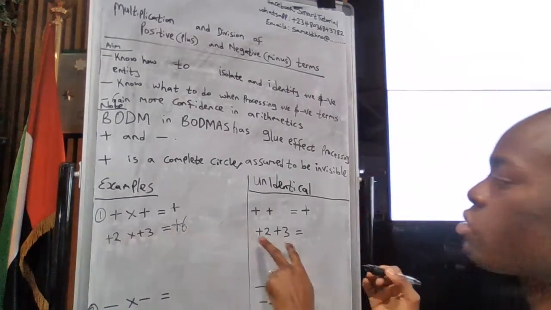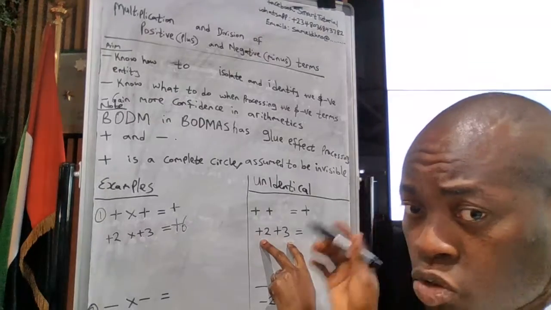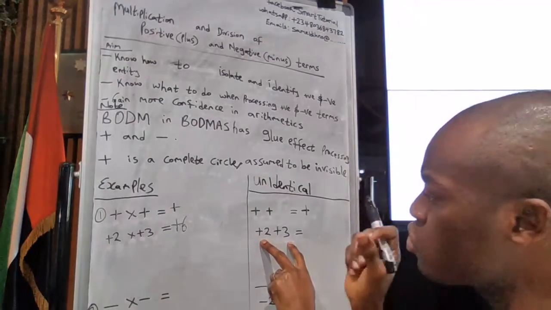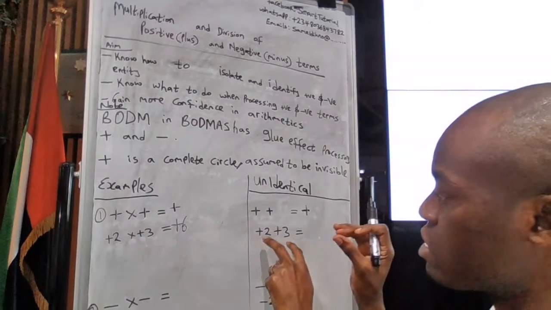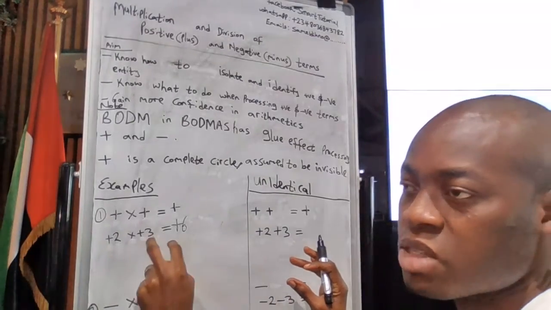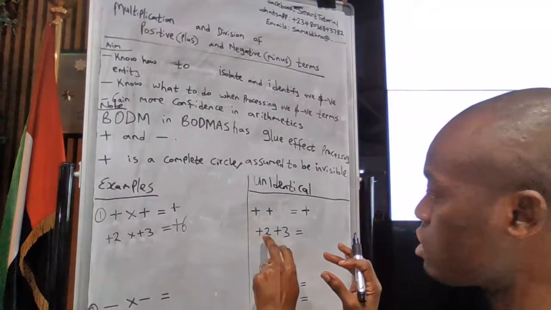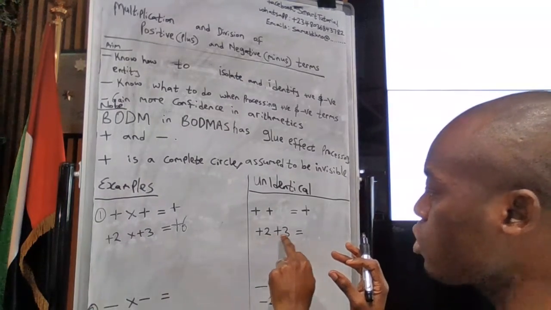6. Now, let's look at the one that is not identical, but students used to feel that they look identical and they solve it the same way and get a wrong answer when processing their questions. Let's look at it. This is plus 2 plus 3.